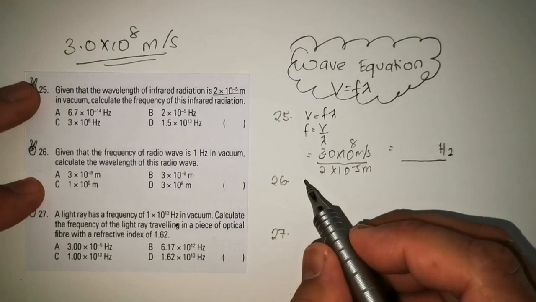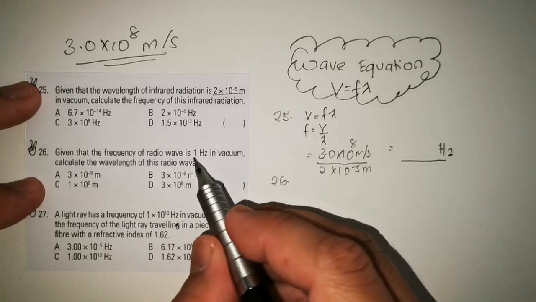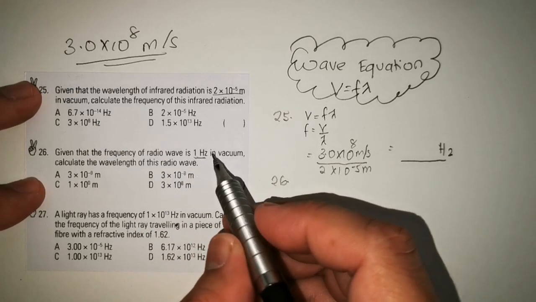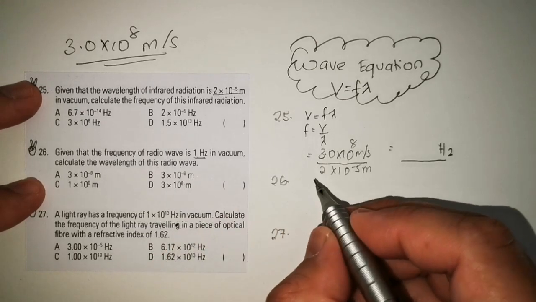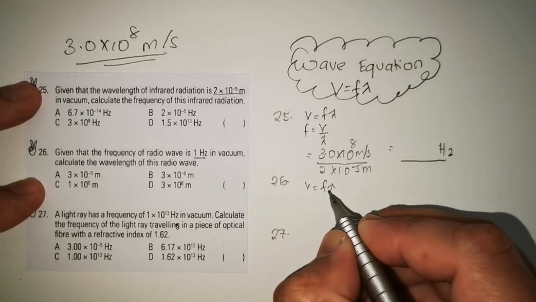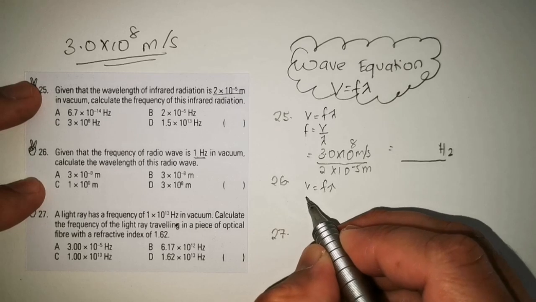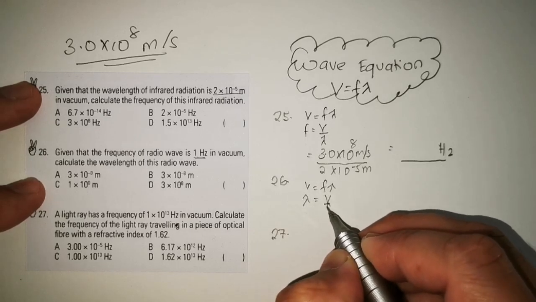Okay, so question 26. Given that the frequency of the radio waves is 1 hertz in vacuum, calculate the wavelength of these radio waves. Again, write down the main formula, v equal to f lambda. You are asked to find wavelength, so make lambda or wavelength the subject of the formula.